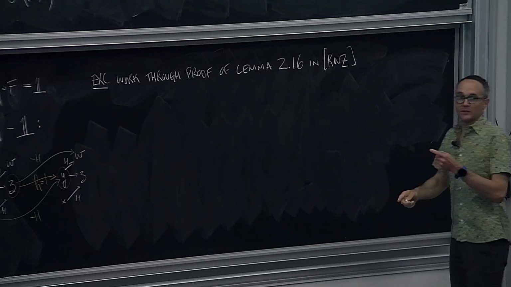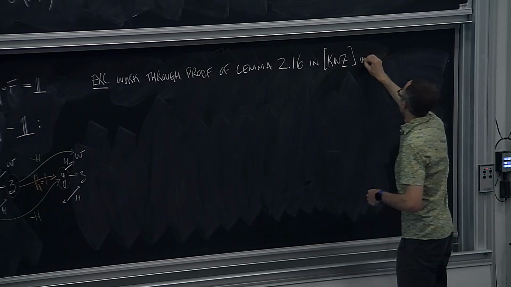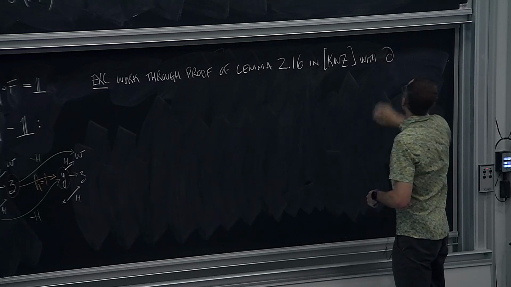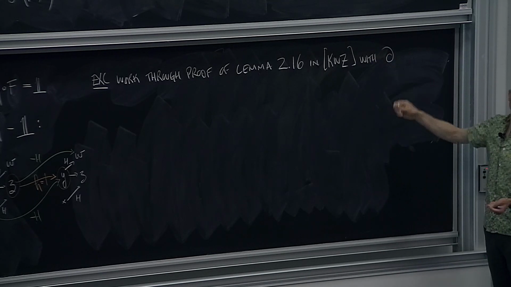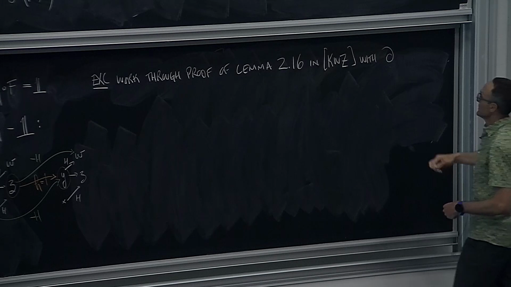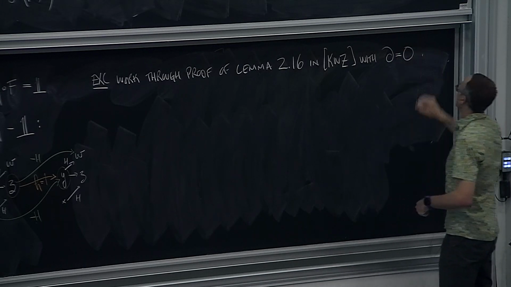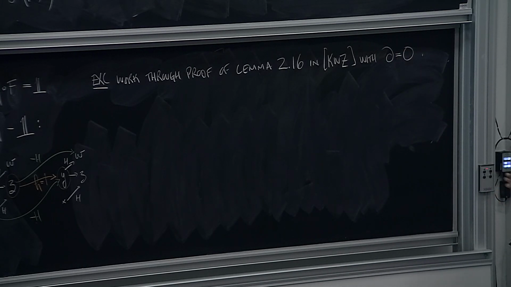And there things are a little more general. So the del is something that's internal to the algebra, and you should set that equal to 0 and run that proof with this setup.